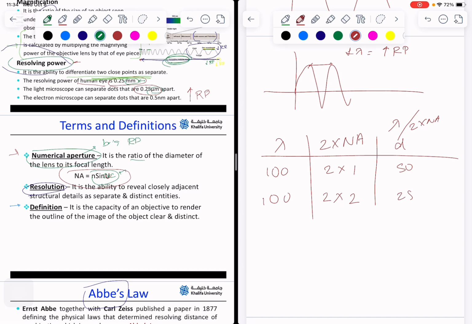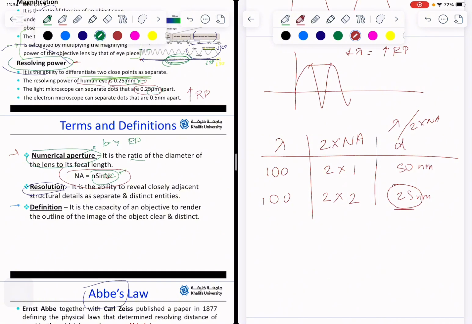Which one is better? The one that's better is definitely the 25. Why? I'll just write nanometers, I'm just assuming. It basically says that the minimum distance I could go down to in order to differentiate between 2 points is 25 nanometers, which is way better than saying I could only differentiate between 2 points that are 50 nanometers apart.